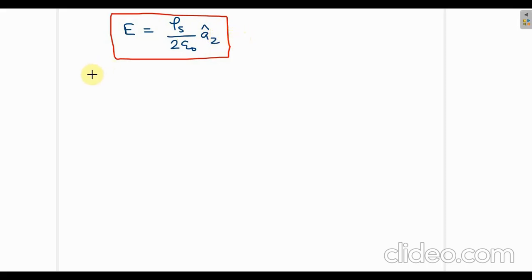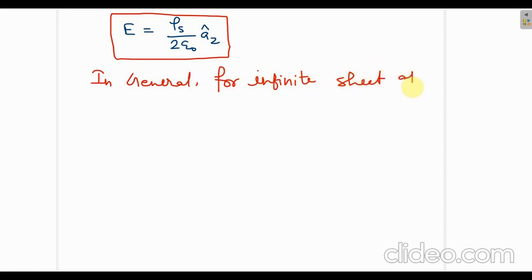So in general, this is along z component, or we can say in general, for infinite sheet of charge, what is E equals to rho s upon 2 epsilon 0 an.